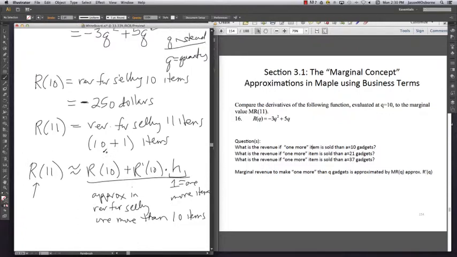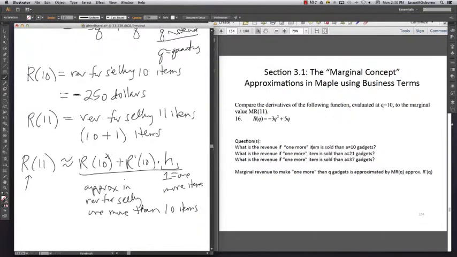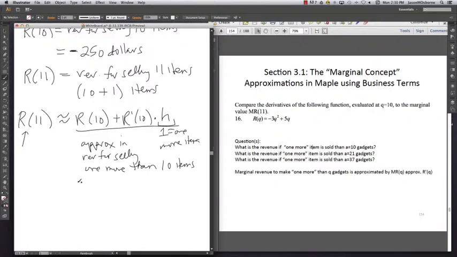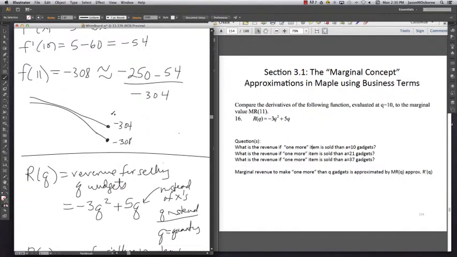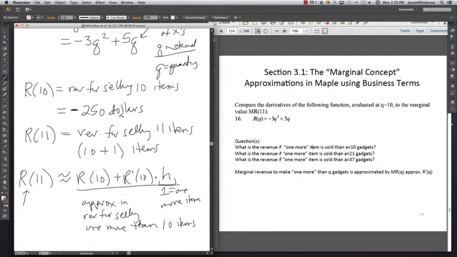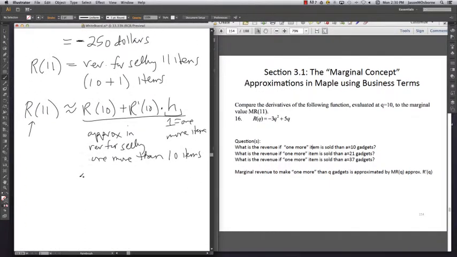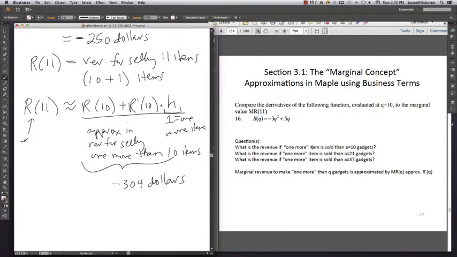So we now have that the revenue for selling 11 items is approximately minus $304. So this is bad. To sell more items, our revenue is going down. The exact value to sell 11 items was minus $308, and so this approximation is about that number.